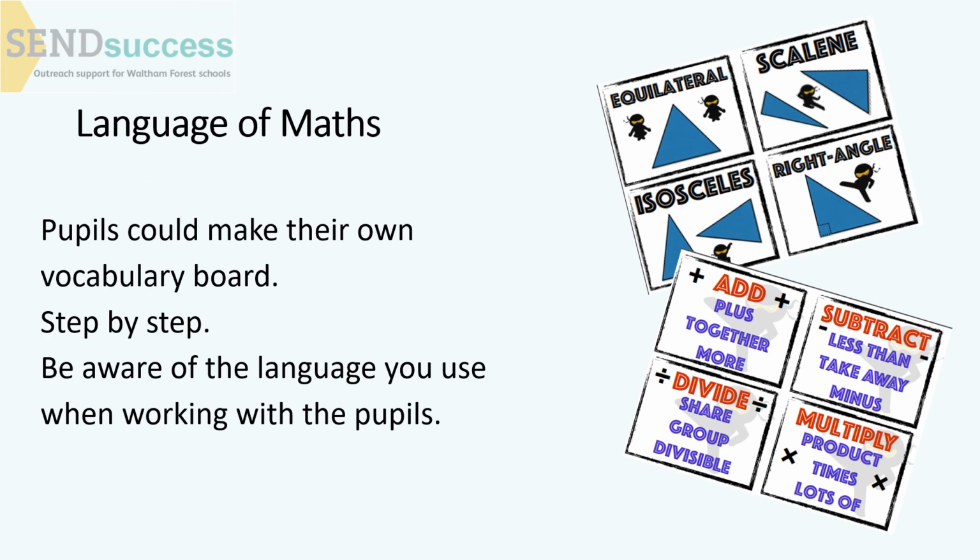Learning the language of maths can be very demanding for learners with maths learning difficulties or dyscalculia. They have to master all sorts of vocabulary and symbols and concepts, and struggling to master these ideas can have a knock-on effect on their progress. So it's useful to have their own vocabulary book or board to hand so that the pupil can refer to this.